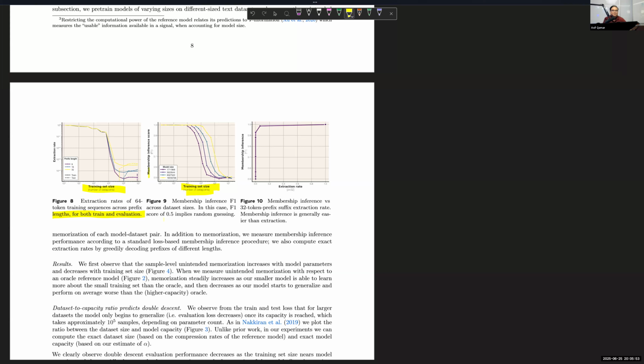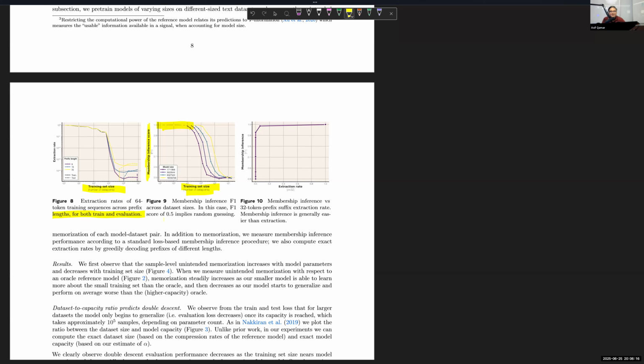Training set membership inference is basically asking the model, hey, have you seen this data? And what will happen when it has memorized? You notice that its membership inference score is perfect because it has memorized, at the top.